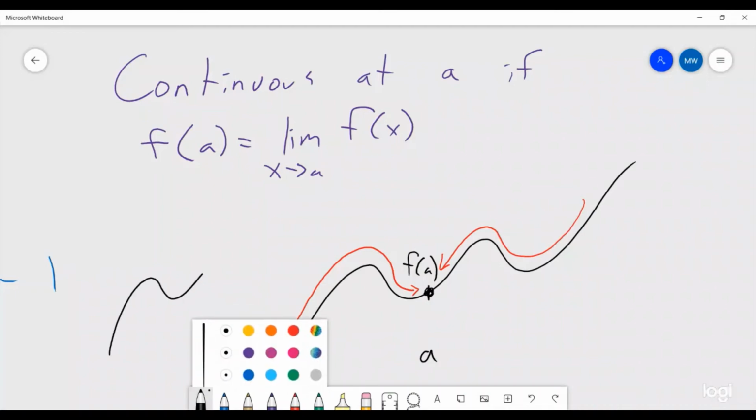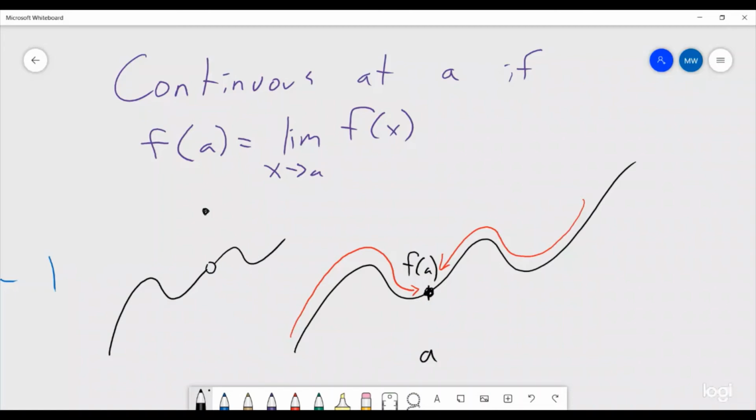However, we might have a function that looks a bit like this. Right here might be the value of f of a, but this point right here is the limit as x approaches a of f of x. Because those are not equal, this function that I just drew is not continuous.